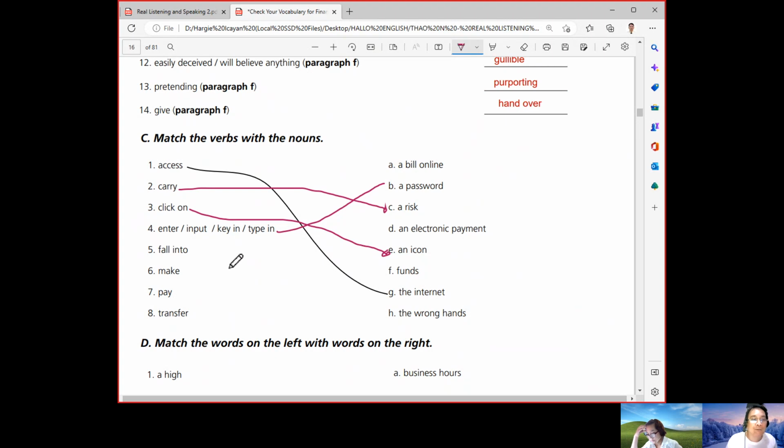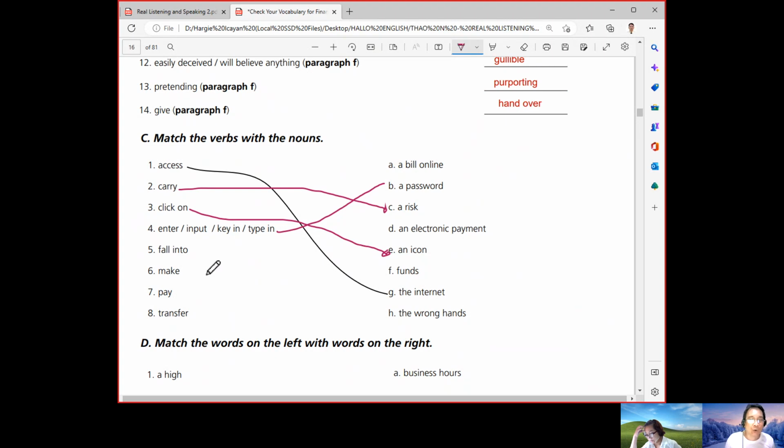Number five, fall into. That means, for example, if you have money and then you were going to use that money on not so important things, so that money falls into the blank. What do you think, Tao?